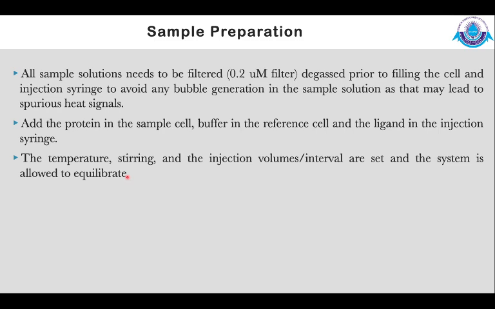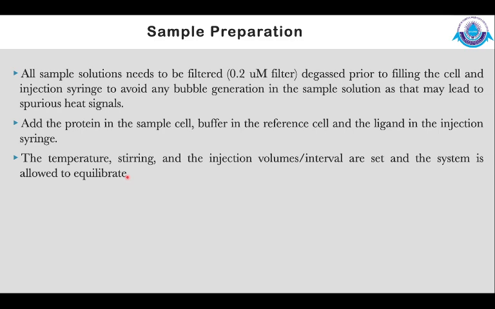We design a specific injection volume and interval, let us say 2.5 microliters every 5 minutes or so. We have to give enough time after each injection so that the signal can come back to the normal base value, so the time interval has to be maintained. You don't want to keep it too long, nor too short. So you have to arrive at an optimal time length and injection volume.